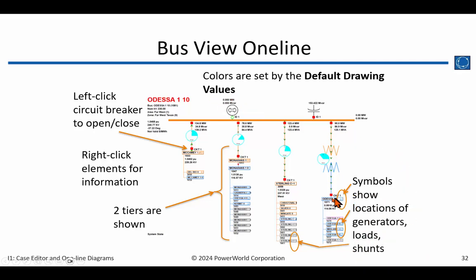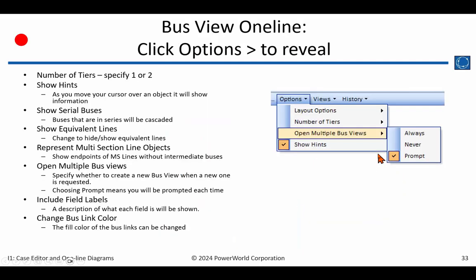And then this also just points out that on the buses that are not active but are the neighbor buses, there are symbols that show whether there's the presence of load, generation, or shunts at those buses. And then these are the options that we talked about. These are some greater detail given for each one of those.